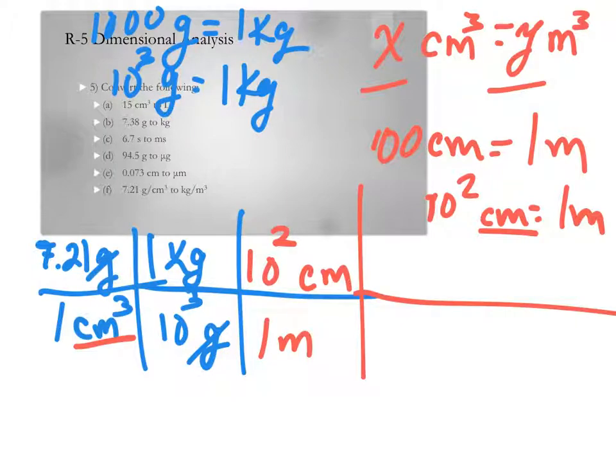Now, we have centimeters above and centimeter below, but that only cancels out one of the 3 centimeters. So now we're left with centimeters squared. And we just continue to do the same thing.